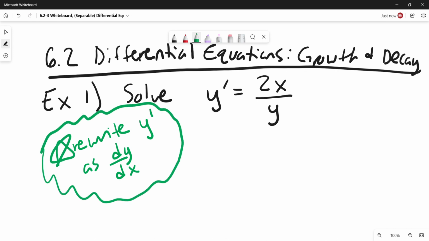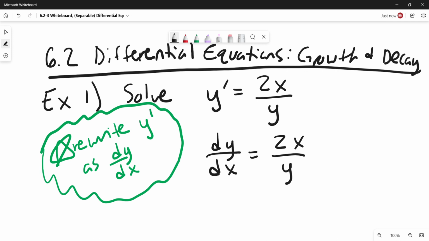The book does that, I think, in 6.3, but they're hypocrites. They don't do it in 6.2. Writing dy over dx is going to help you out with the whole idea of separable differential equations. And again, they don't even explain the whole separable idea in this problem. I just don't love the way the textbook handles this.